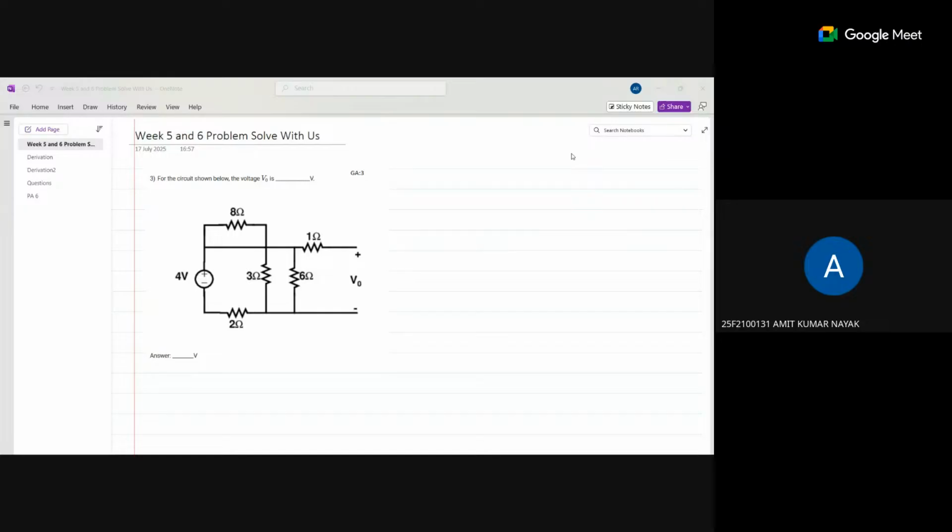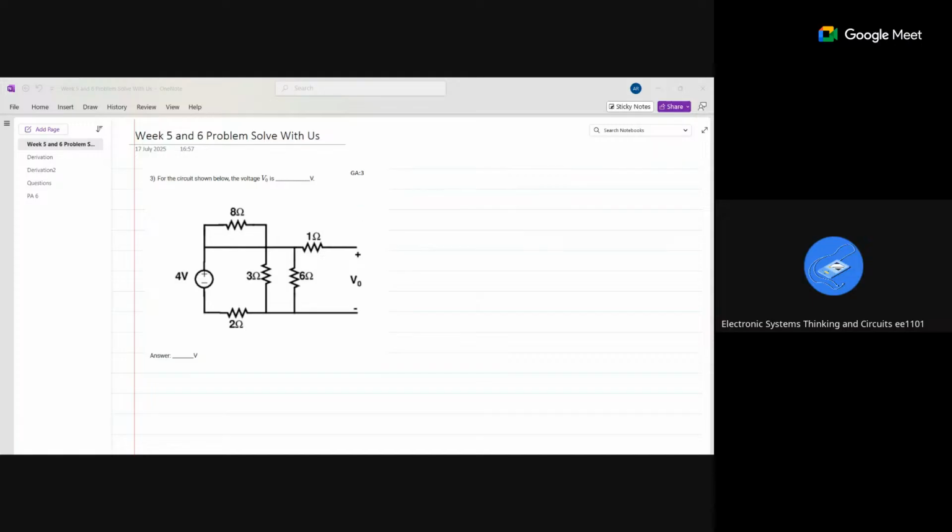By Ohm's law the current is 1 ampere. Then by the current division rule we can find the current through the 3 ohm or the 6 ohm, and then by Ohm's law we can find V naught, the potential across the 3 ohm or the 6 ohm, which will be equal. That is 2. What Amit said is right.